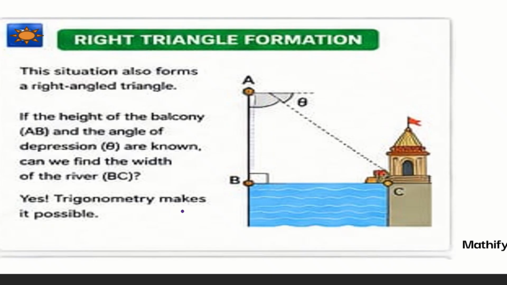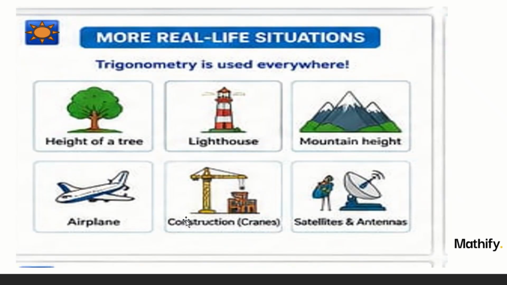The angle at which she is looking downward, this angle theta, is the angle of depression. If these are known, can we find the width of the river BC? Yes. With the help of trigonometry, we can find the width of the river BC. So it is possible with the help of trigonometry.